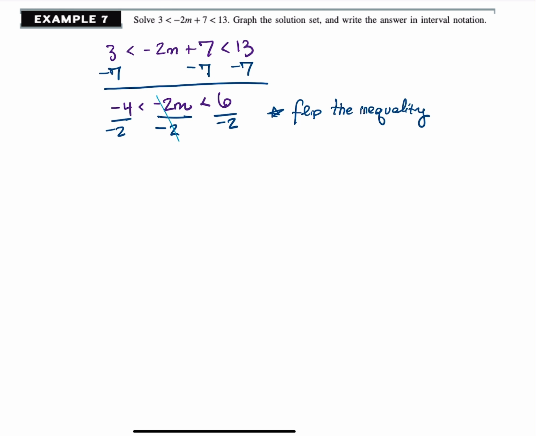So on the left side, it's a negative divided by a negative, so it'll become positive, and 4 divided by 2 is 2. And this will be less than m. Oh, no, I need to flip this direction. So 2 will now be greater than m, which will be greater than 6 divided by -2 is -3.